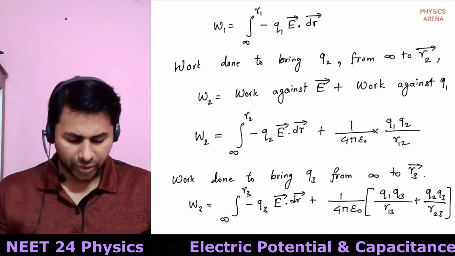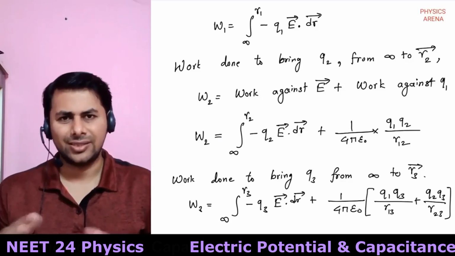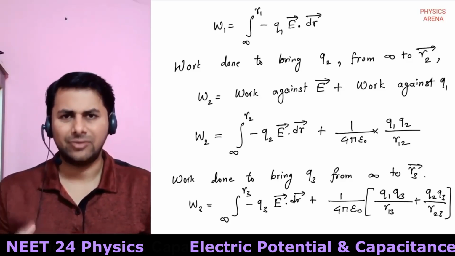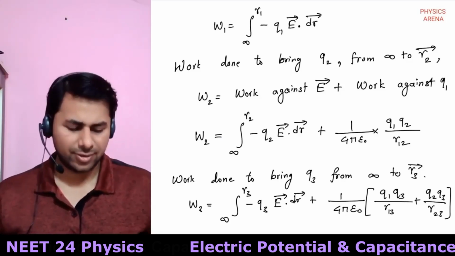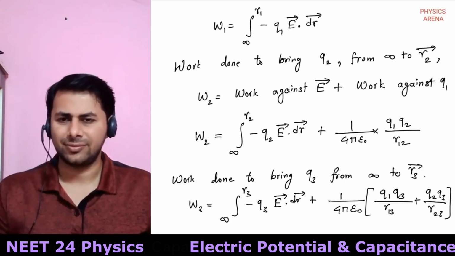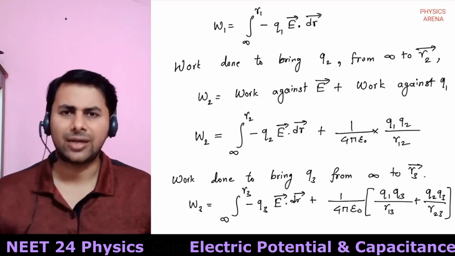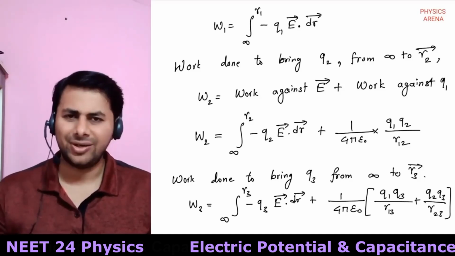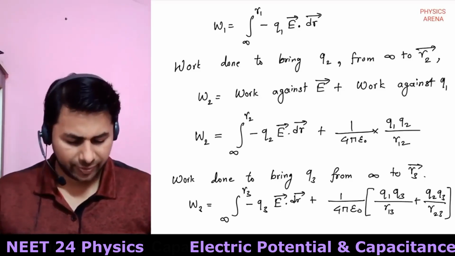So the important point is that we have to do work against the charges as well as work against the electric field. This is the procedure that we have to remember. There is no particular formula that has to be memorized.